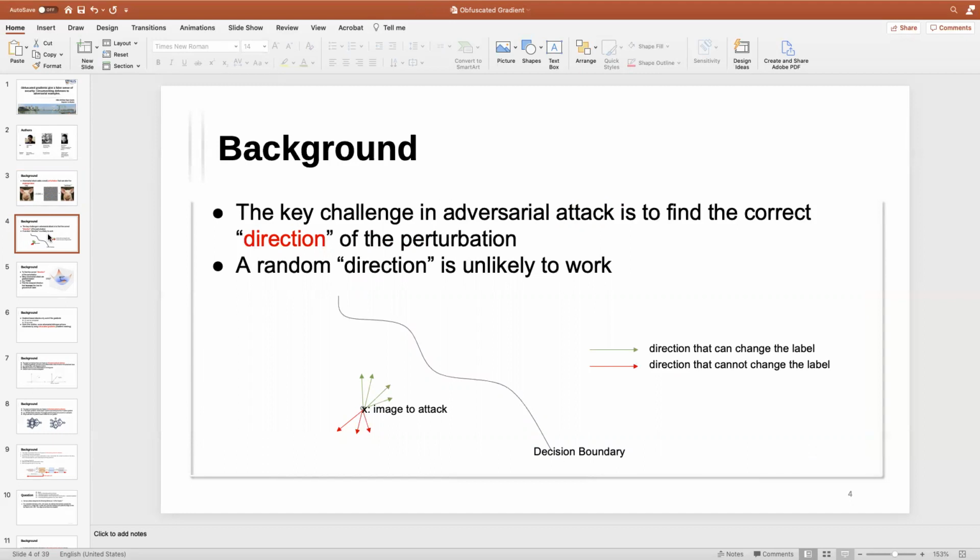For example, in two-dimensional space, if my clean image is X and I have a decision boundary, I want to perturb X until it crosses the decision boundary. Then I have to project X towards those green directions instead of red directions.